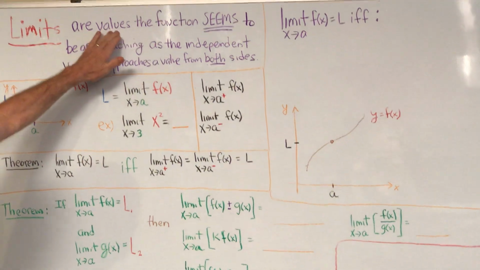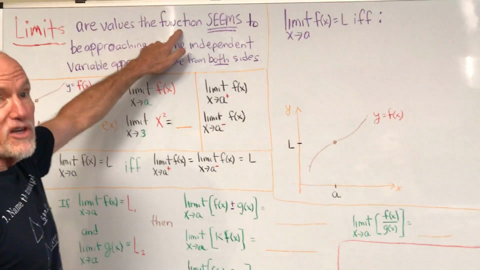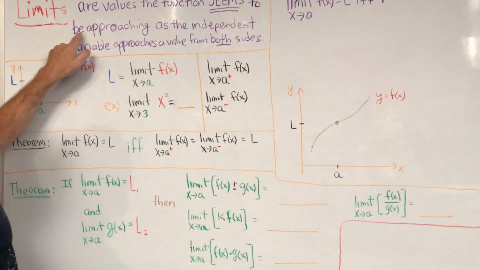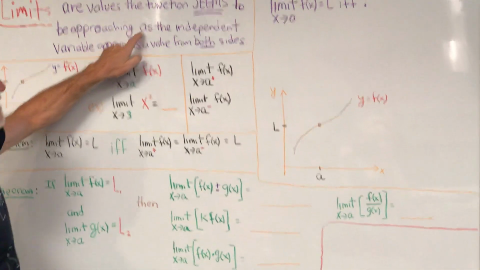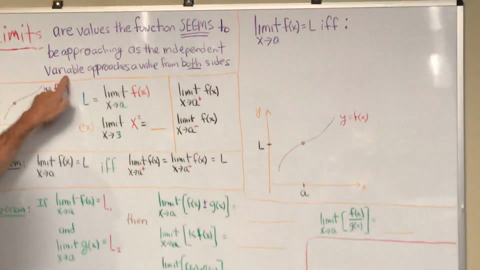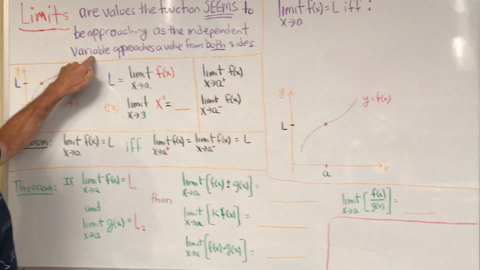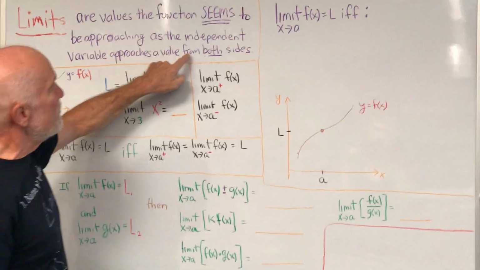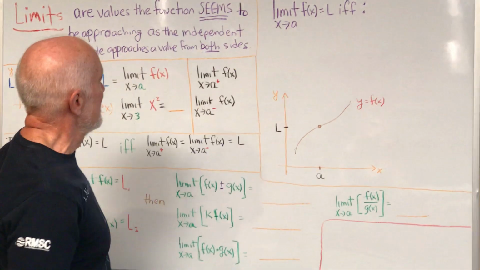Limits are values that the function, and this is important, seems to be approaching as the independent variable, which yesterday we said oftentimes is x, approaches a value from both sides.